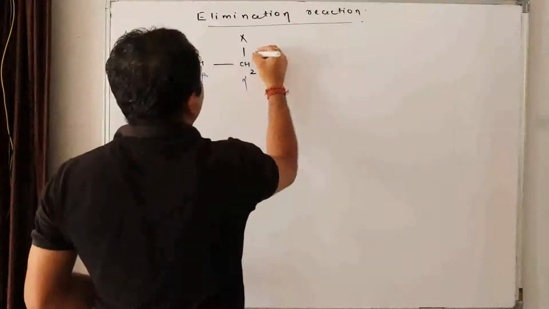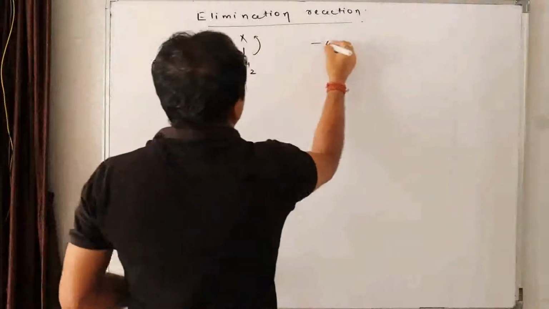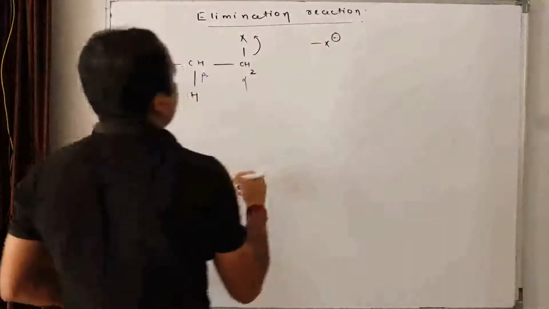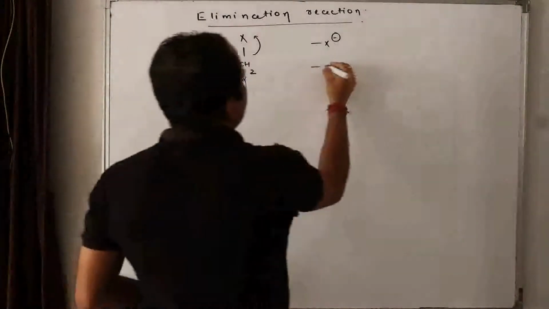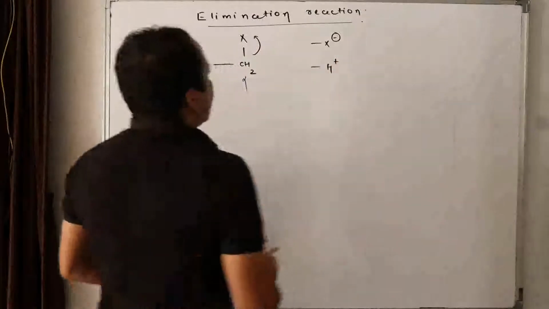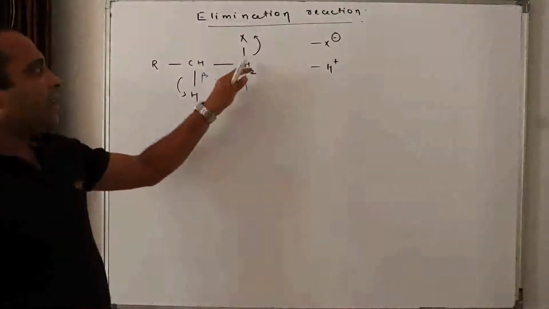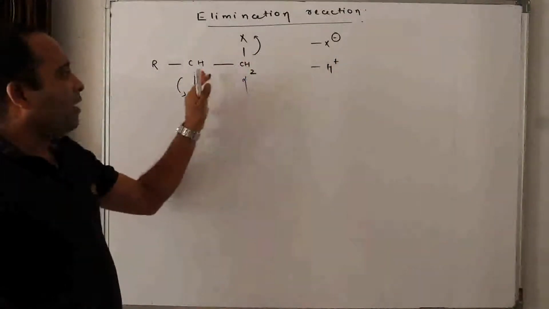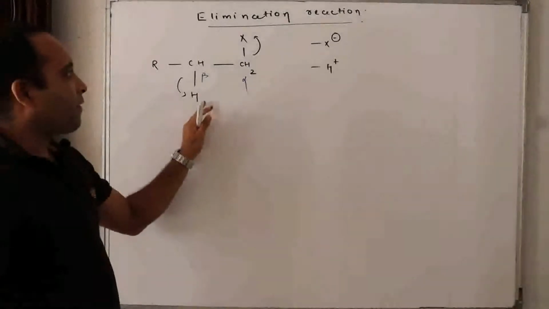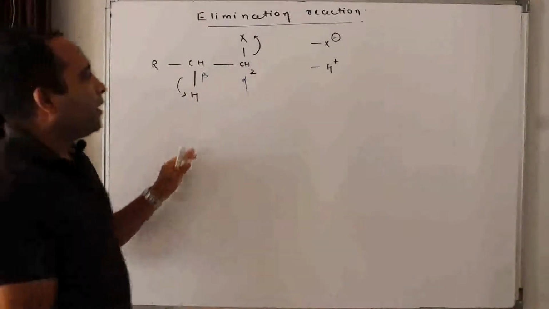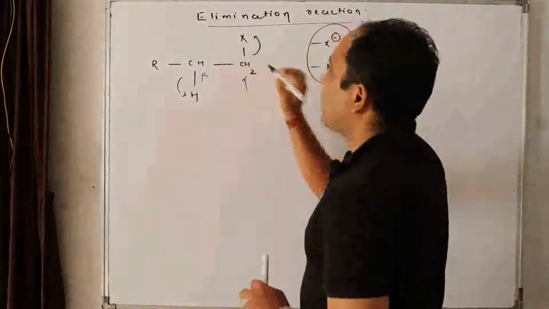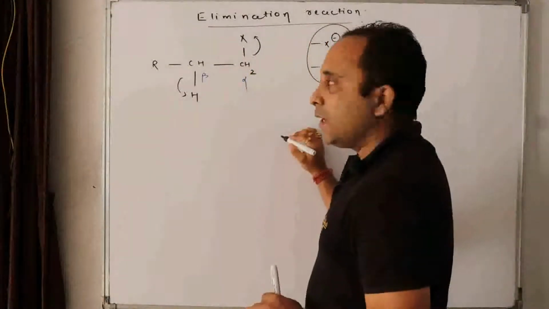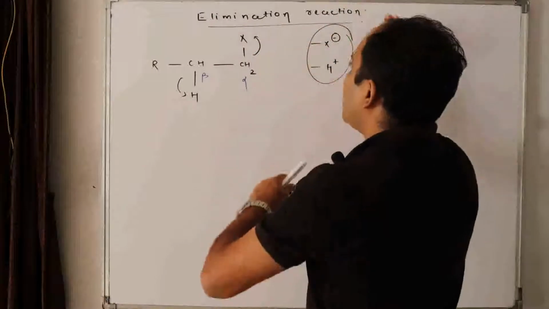Here the X leaves as X minus, whereas the H leaves as H plus. It means X leaves from the alpha and H plus leaves from the beta. Now X minus and H plus are removed, creating a double bond here. Clear? They are eliminated.